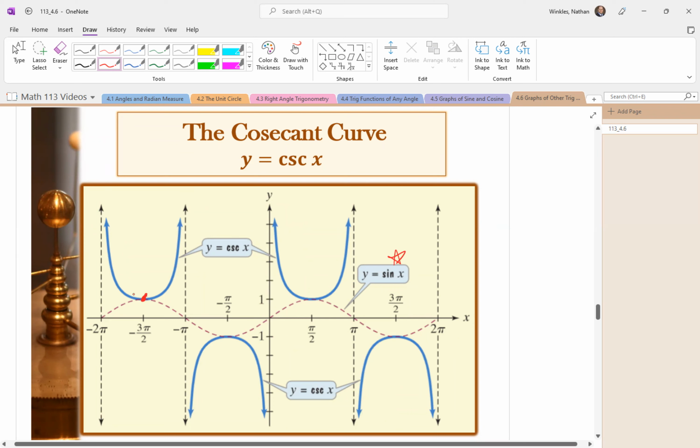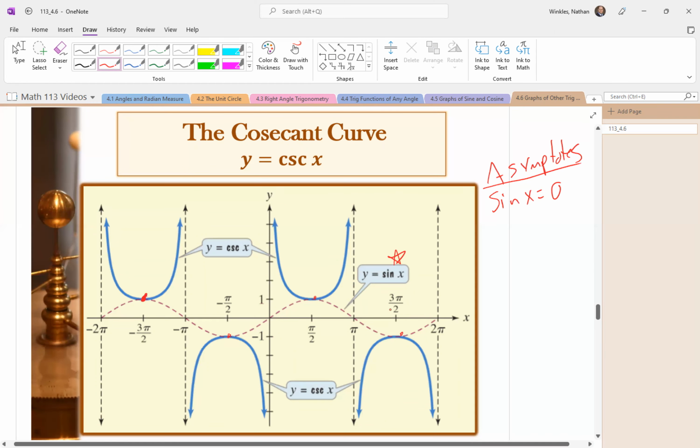Where sine of x equals 0, we have asymptotes. And so we could actually build these out and draw them in this exact way.